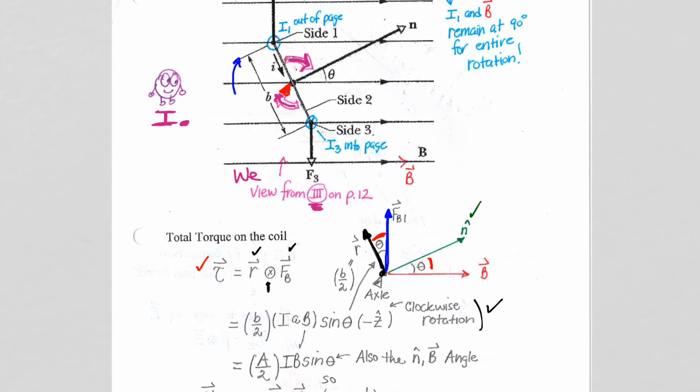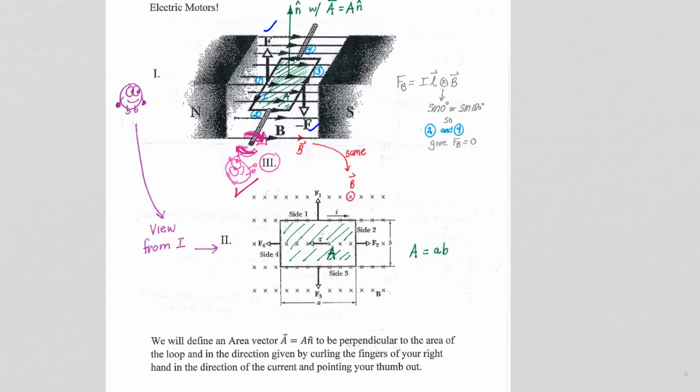Well, we have a little a and a little b here based on the rectangle. So let's go back and look at the rectangle. Little a and little b are given by: a is the long side of the rectangle, b is the short side of the rectangle.